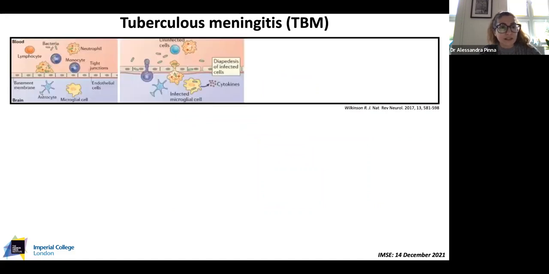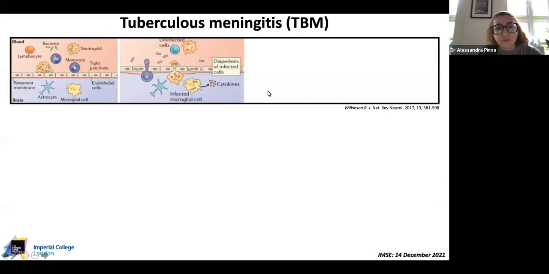As you can see here, we have bacilli in free form in the blood, and then these bacilli can be taken up inside a neutrophil, monocyte, or lymphocyte, and they can cross the endothelial cells of the blood-brain barrier and reach the brain side.